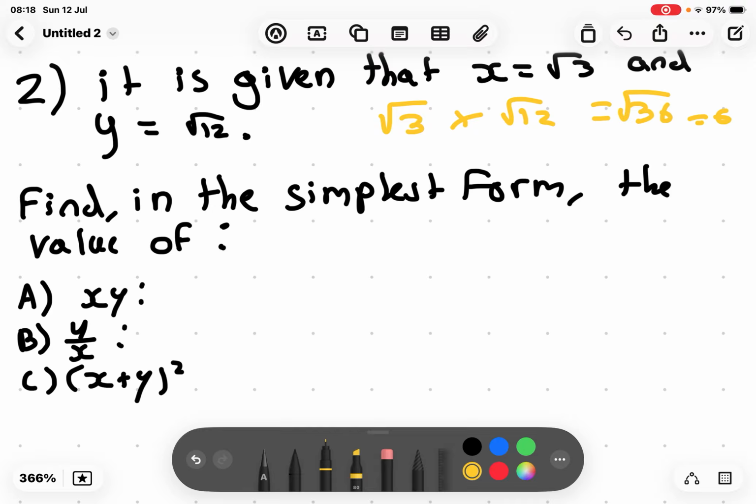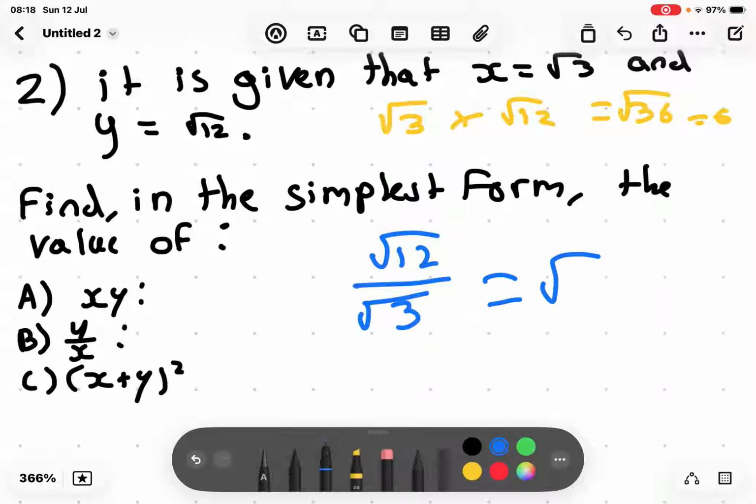I'll check the answers later. And then 12 root of 3 is equal to root of 4, and that's equal to 2.